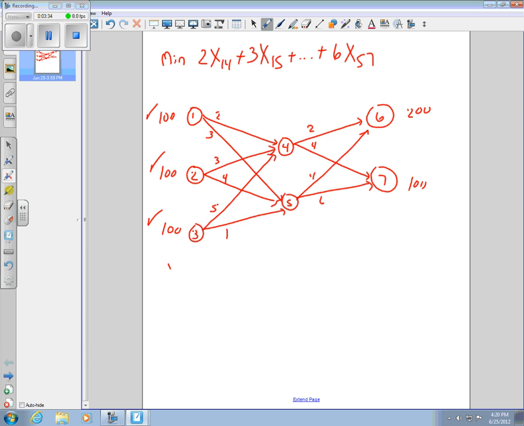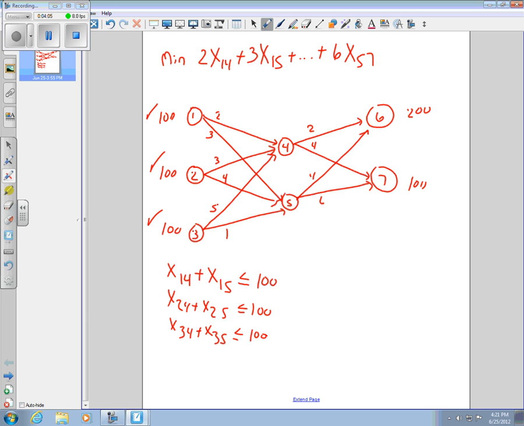So that'll look like this: x14 plus x15 must be less than or equal to 100. And you'll have the same constraint for node 2, x24 plus x25 less than or equal to 100, x34 plus x35 less than or equal to 100. So I can't ship more than I have. Those are my supply constraints.